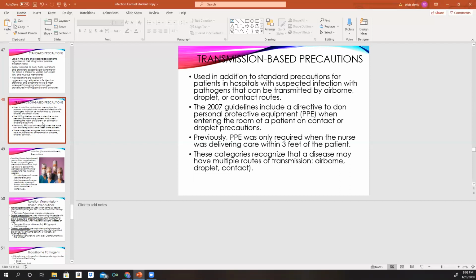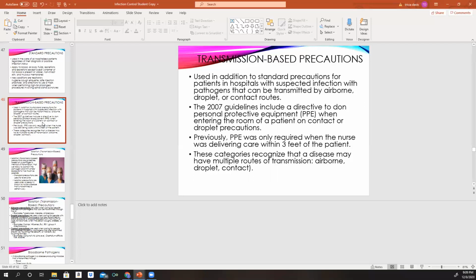The 2007 guidelines from the CDC include that you should don personal protective equipment, PPE, when entering the room of a patient on contact or droplet precautions. Previously, PPE was only required when the nurse was delivering care within 3 feet of the patient, but that ship has sailed. We don't do that anymore. That is not evidence-based practice.